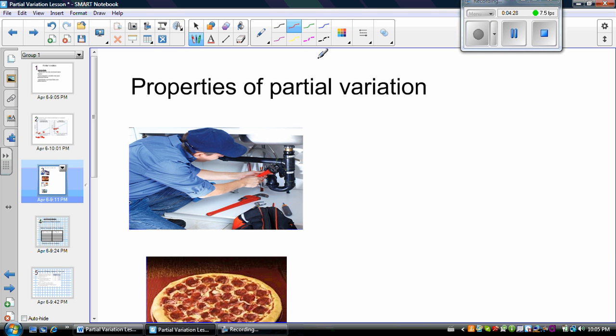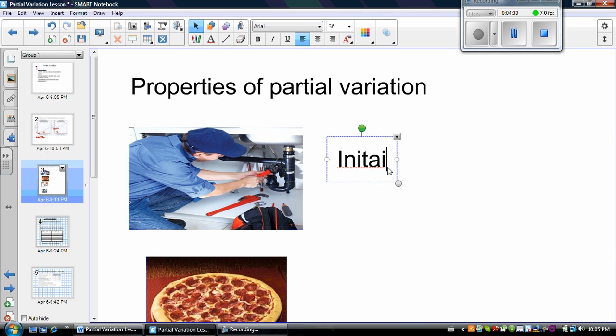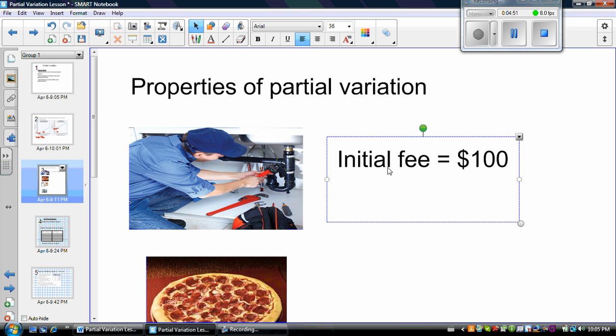What happens when a plumber comes to your house, they're going to charge you usually an initial fee, let's say equal to $100, and then a cost per hour, which let's say most of them charge $50 an hour. What does that mean?